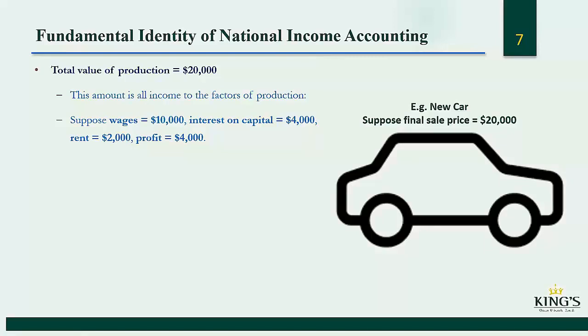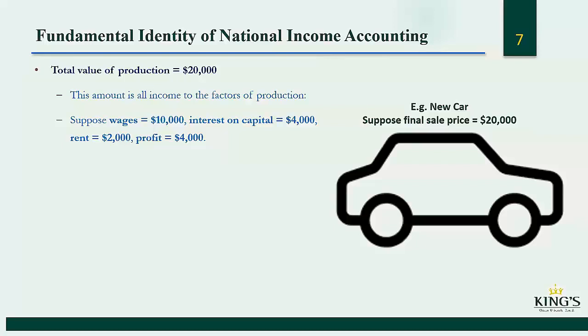In any case, there's going to be a portion of that $20,000 that would have gone for capital, the plant and machinery. They also use land. So if they own the land, then they're paying rent to themselves. But if they lease the land, then they're paying that to someone else. And then whatever's left over from that, the car sold for $20,000, and the costs of production here so far are $16,000.